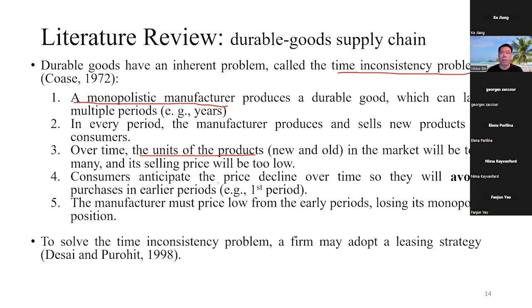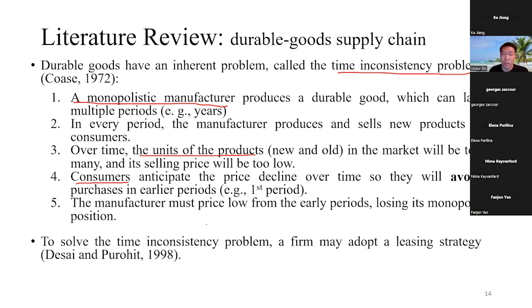And if consumers are strategic, and they anticipate the price decline over time, then the customers will avoid purchases in earlier periods, because they know the price is going down, so they will try their best not to buy in the first year, not in the second year, and so on. And the manufacturer knows about that.